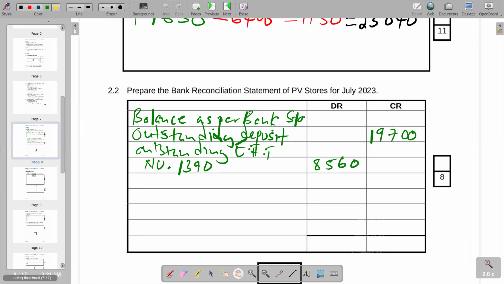So here we say debit amount incorrectly credited 6,500.